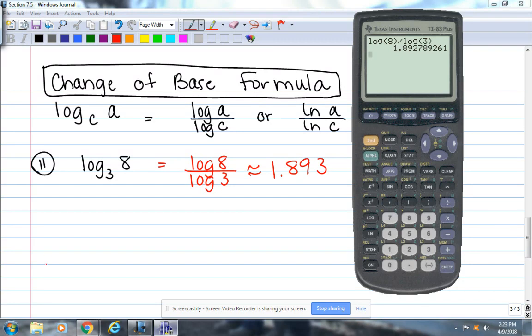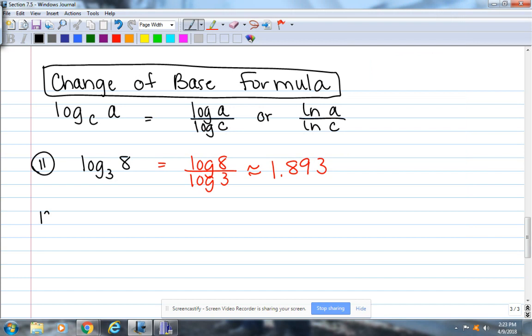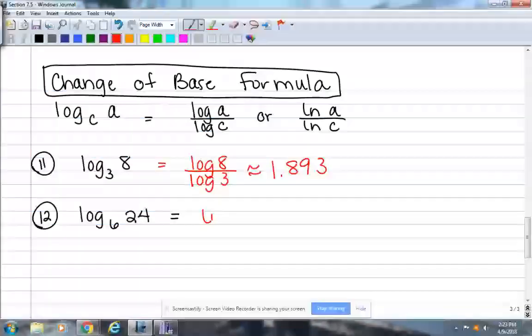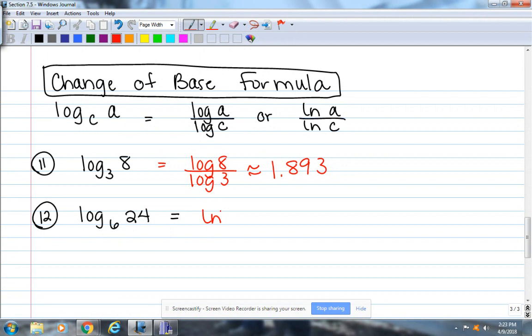So this next one I'm going to do natural log. So log base 6 of 24. And I want to do natural log. So natural log of what goes on top? 24. Base goes on the bottom.